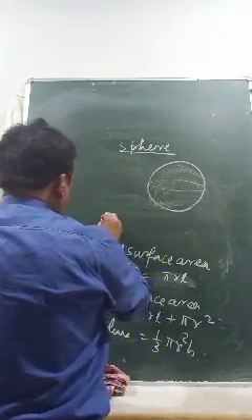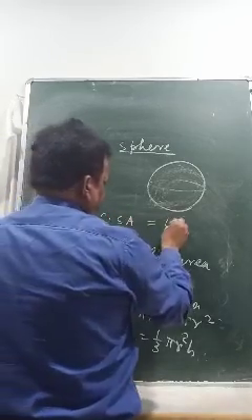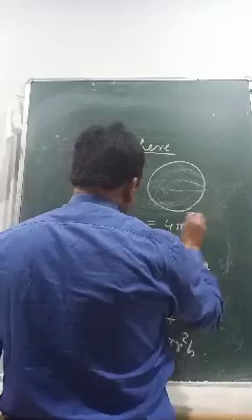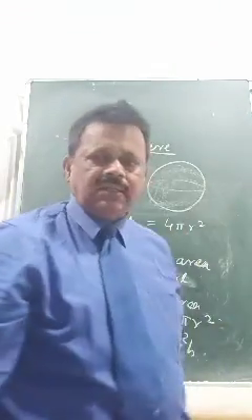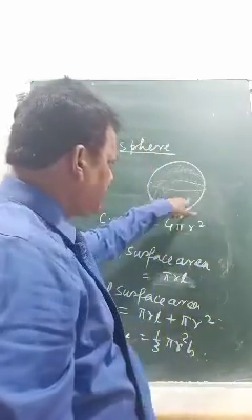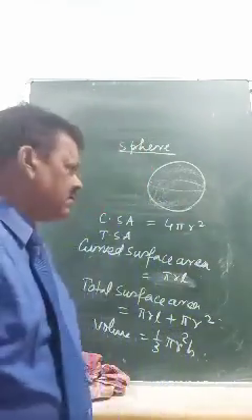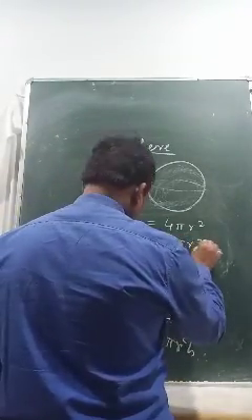The sphere's curved surface area is 4 pi R square. I have already studied the total surface area in class 9. I am not repeating it here. Only the formula you are going to use here. How you derived it, you have studied in class 9. So the total surface area is also 4 pi R square.